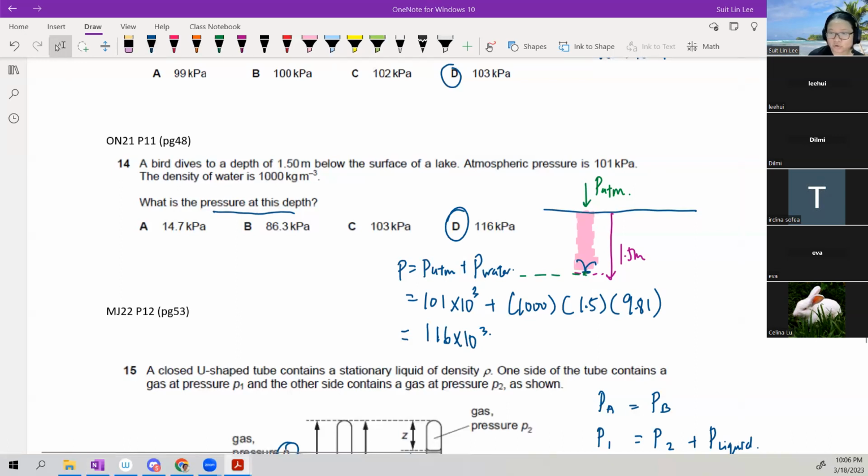So for a more challenging version of this question, you could try May, June 14, P13, question 22. This is the Mariana Trench, page 34.